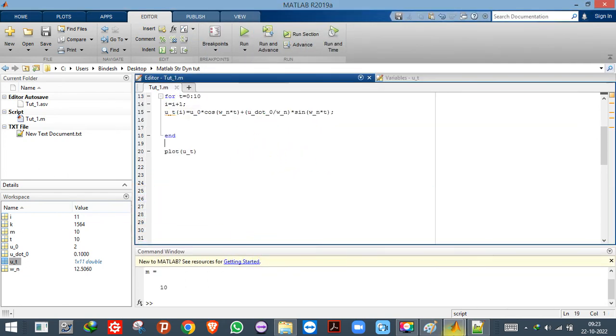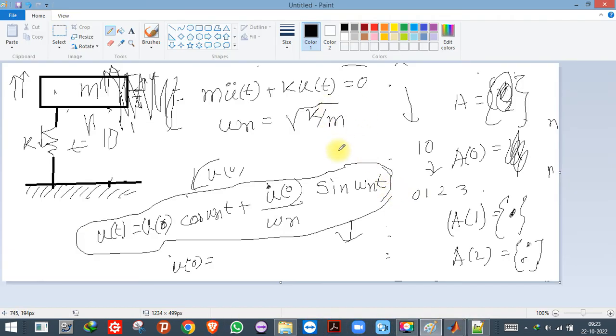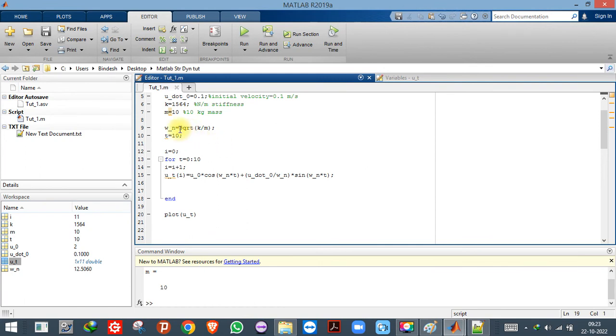We should have got the response in the form of a sinusoidal curve like this, but here we are not getting it. Why? The reason lies over here.